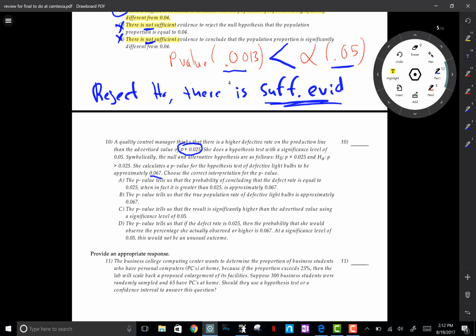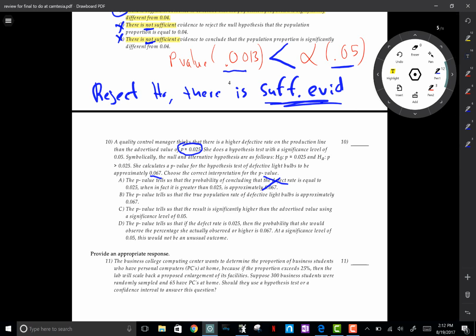So for A, it says the p-value tells us the probability of concluding that the defect rate is equal to 0.025, when in fact it is greater than 0.025, is approximately 0.067. That one is not right at all, because it's saying concluding that the defect rate is equal when in fact it's greater.